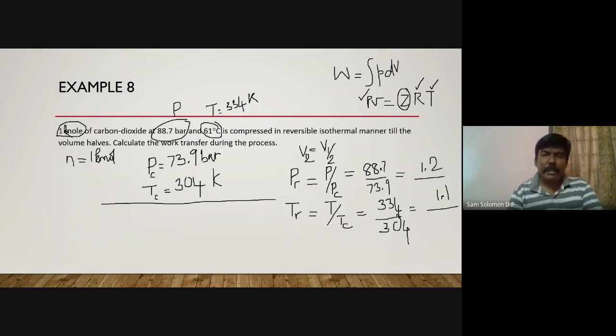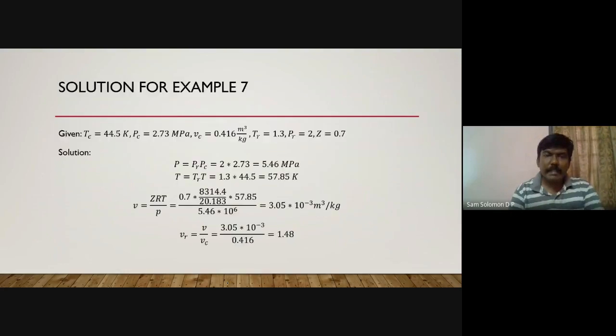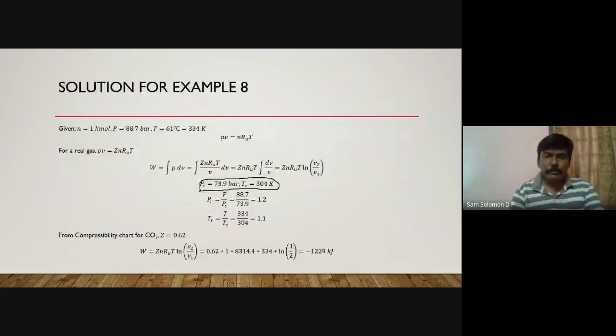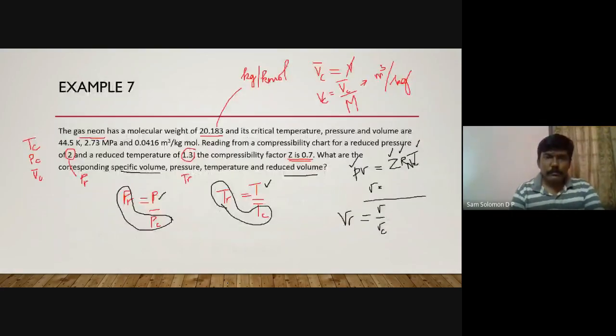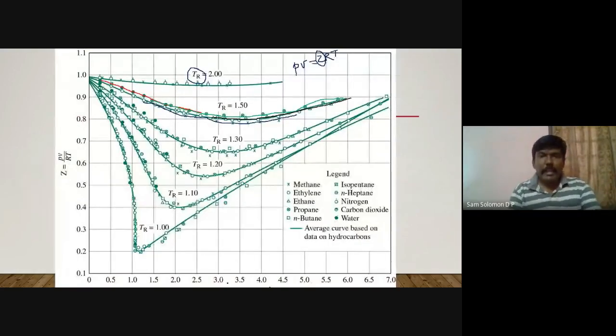Now listen carefully. I'm going to the previous slide. We get PR equal to 1.2 and TR equal to 1.1. 1.25 would be exactly at the center of 1 and 1.5. So let me move a little bit to the left side to get 1.2.